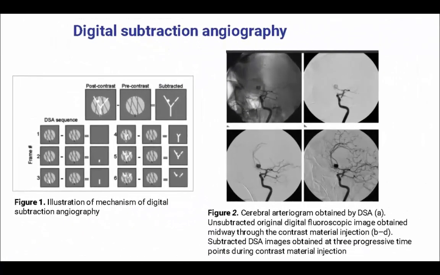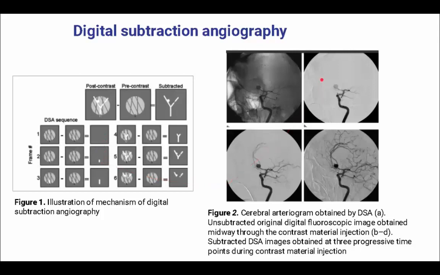These images now better illustrate this concept. Again, here you can see the mask image, the pre-contrast image, is constant for all images, and the post-contrast images are taken successively as the contrast agent travels down the vessel of interest, and the digital subtraction image looks like this.